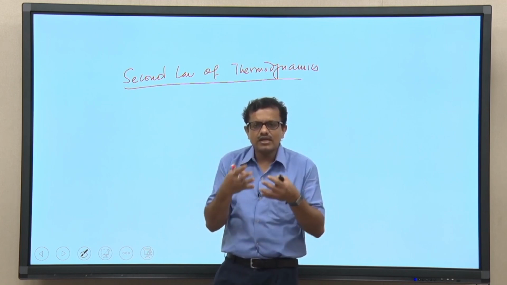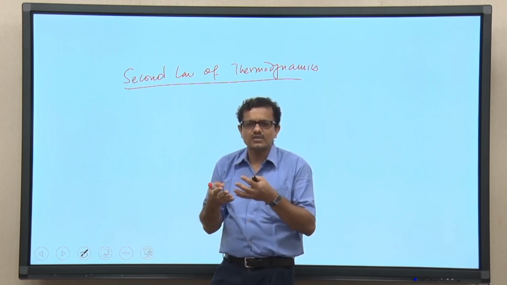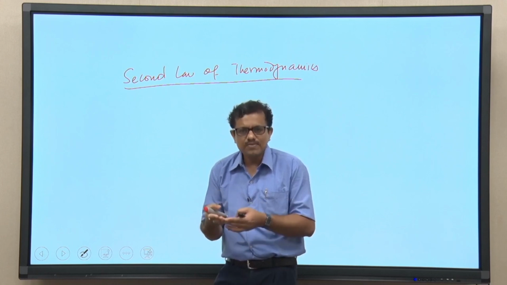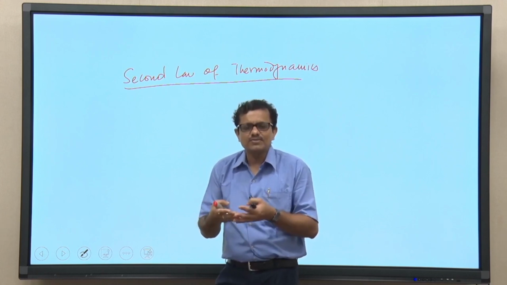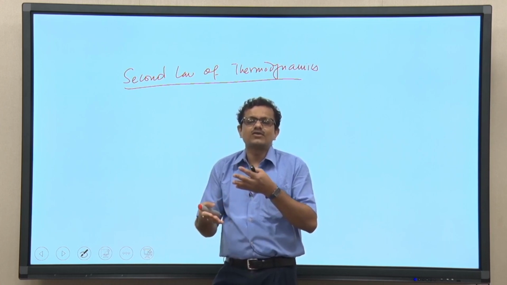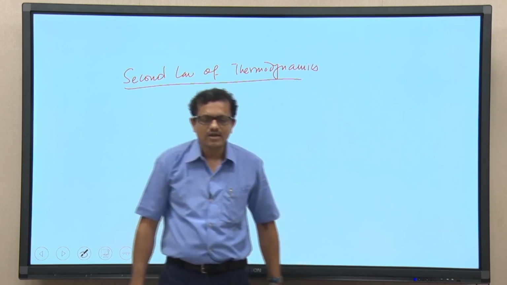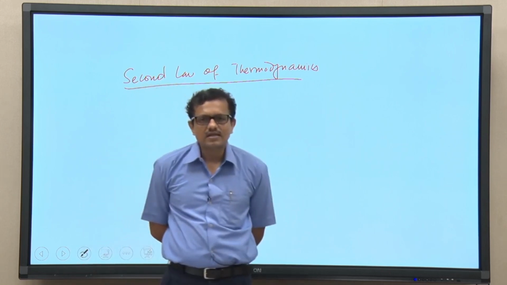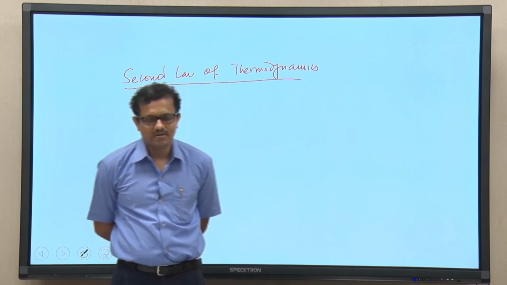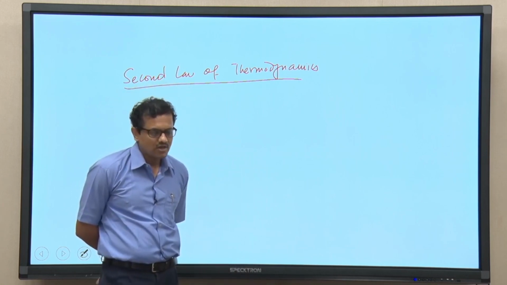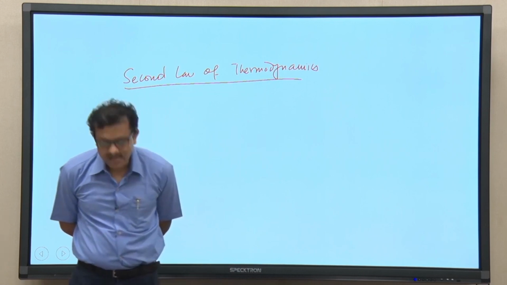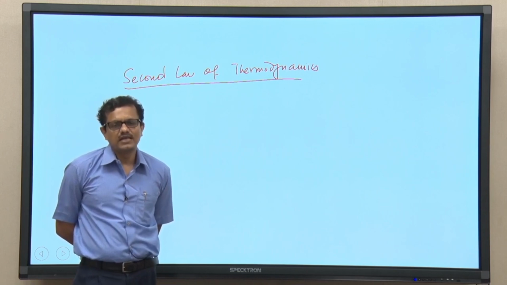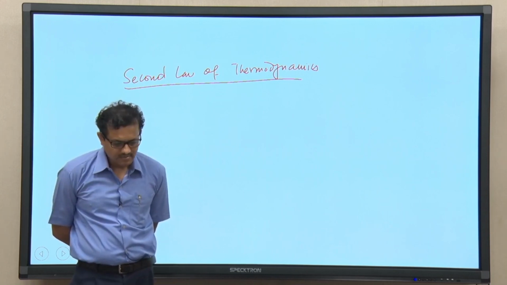If we take work coming out as positive, there is a possibility that work might go into the system, right. So, this directionality constraint cannot be described by using the first law of thermodynamics. So, one issue is that the second law provides the permissible direction of all the processes in real applications.